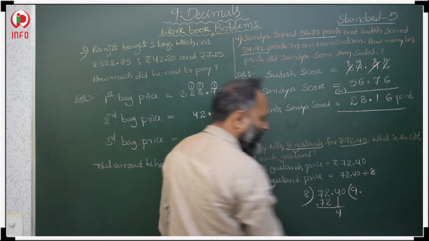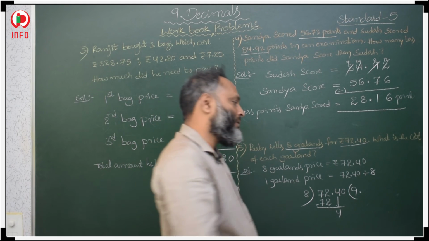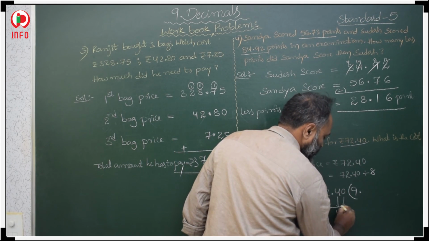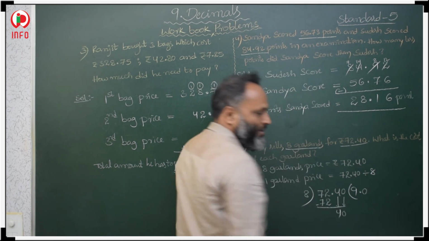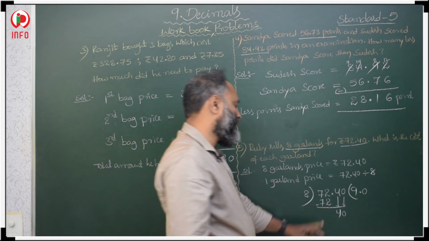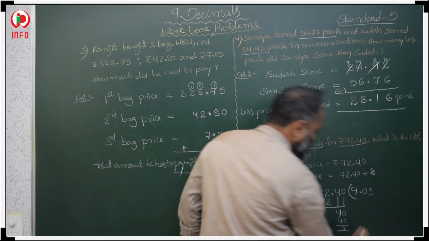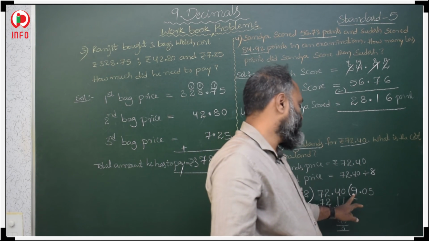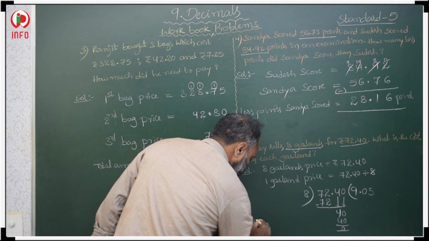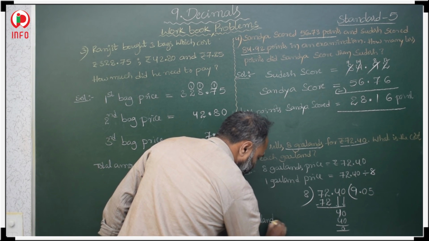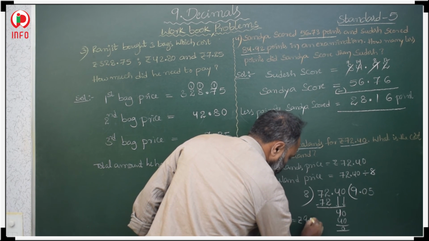Then after that take 4. 4 is less than 8, so we take one more digit, the next digit 0, and keep a 0 here first. Then 40, 8 5s are 40, 0. It means one garland price is rupees 9 rupees 5 paisa.